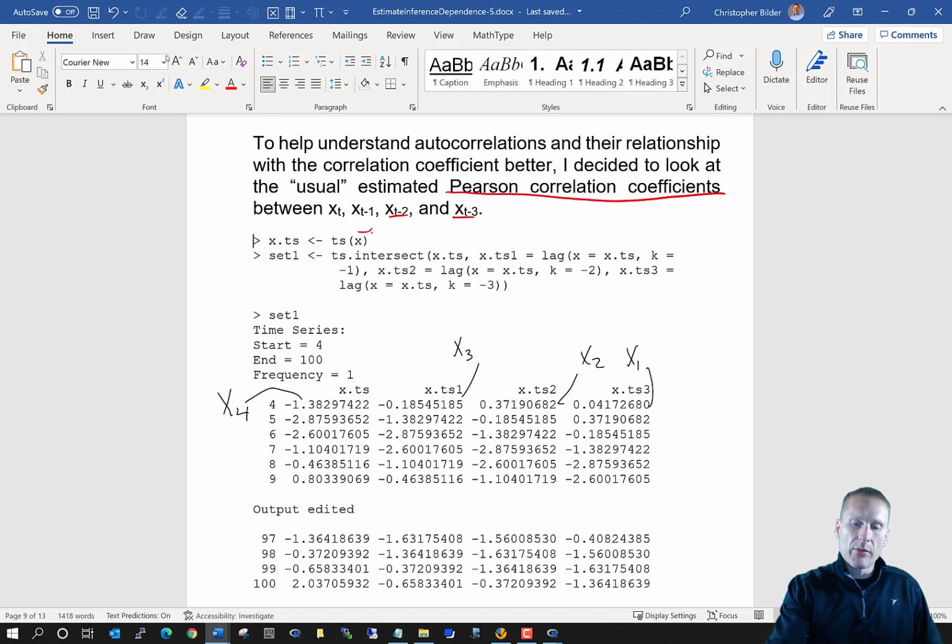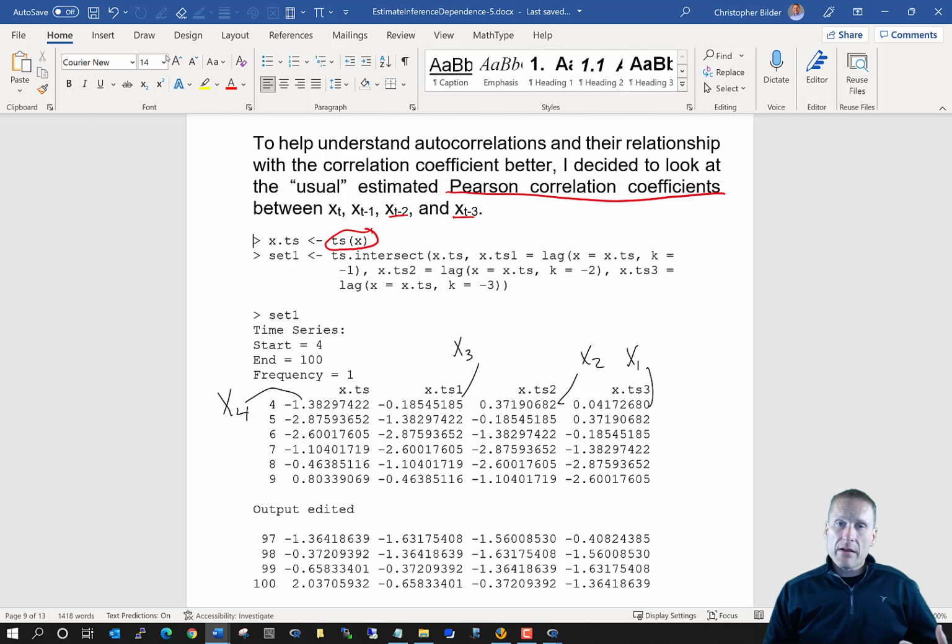And so the way that we can do that then, let me remove that, is first of all, I'm going to come back to this function that we've seen briefly once before, the ts function. And I can use the ts function to specify to R that indeed I do have a time series. Sometimes this is useful, sometimes obviously with that ACF plot we didn't really need to do that.